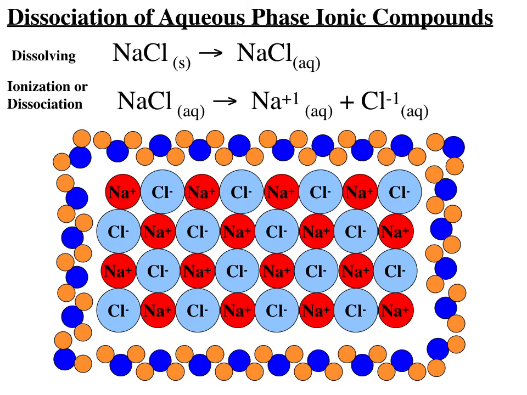And the second equation represents the process by which we can mimic that occurrence in a symbolic representation of a chemical reaction. I say now the aqueous NaCl is dissociated or ionized.